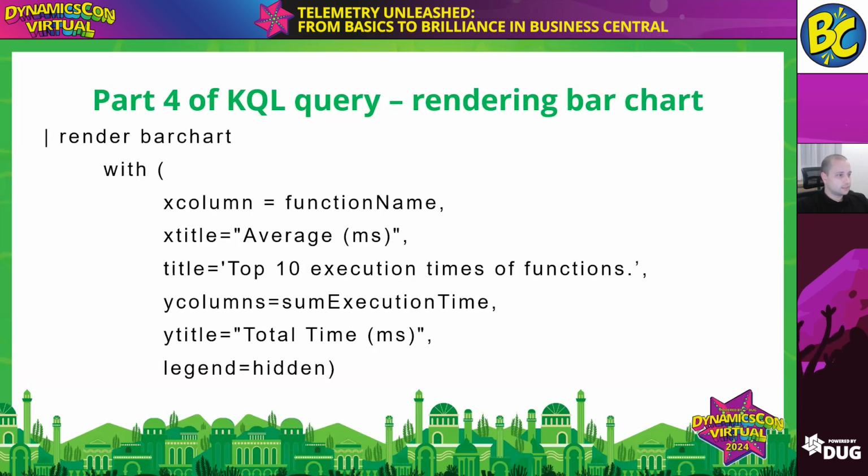Bar chart has parameters different from previous ones. So we will define X column, then X title, Y column, Y title, and we can display a legend, but in this case, I left it as hidden.